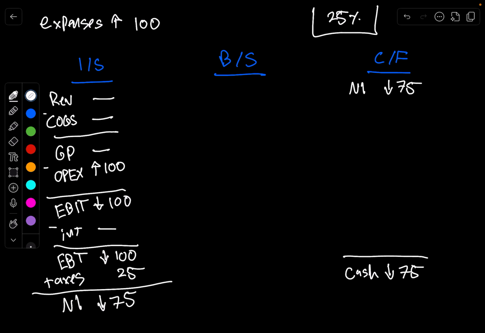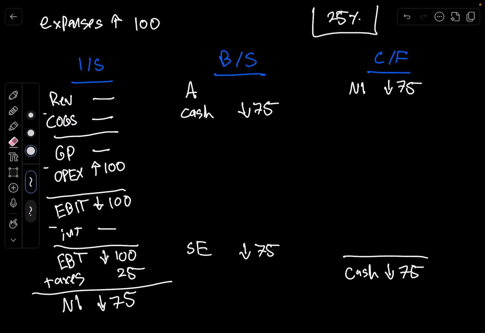Now on our balance sheet, under assets, we have our cash balance that's going to be down by 75 because essentially we incurred an expense, right? And for our shareholders' equity, there is $75 that are no longer attributable to our shareholders' equity, meaning that our shareholders' equity went down by 75.